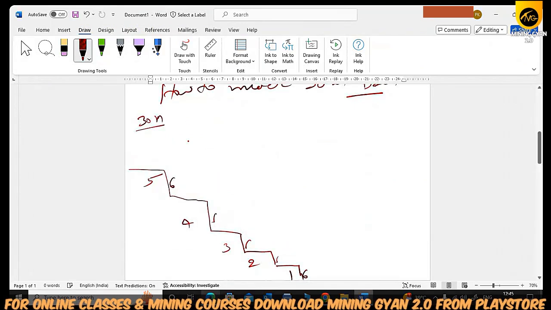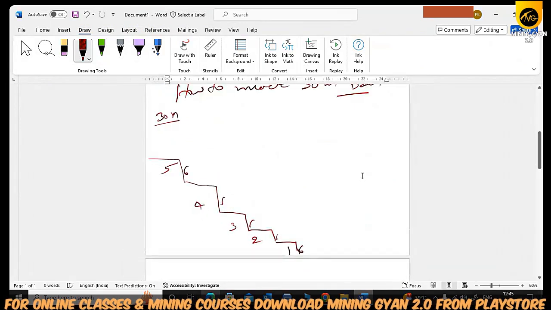And DGMS gives permission for a height of 15 meters each. So how many benches are required?